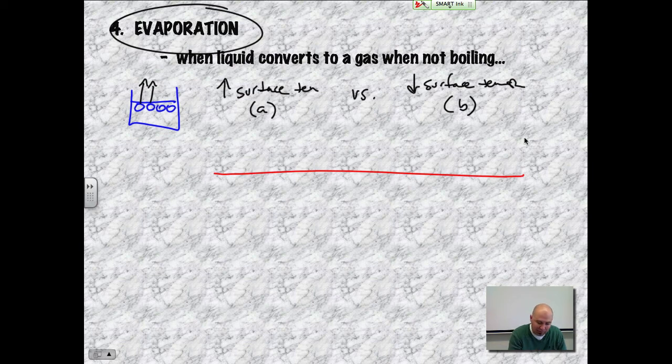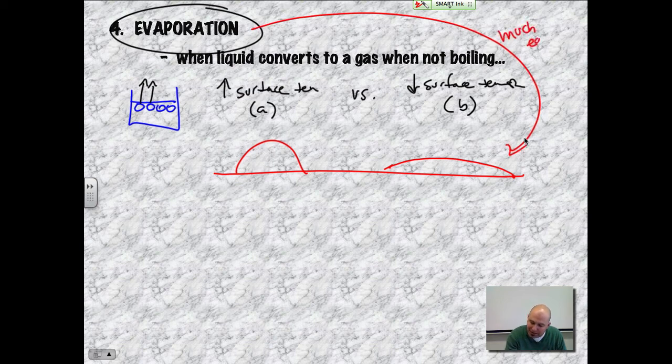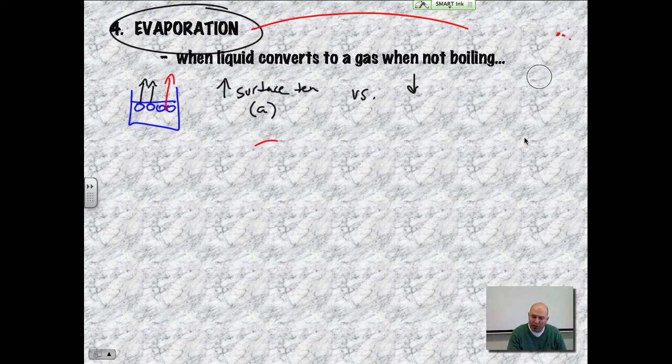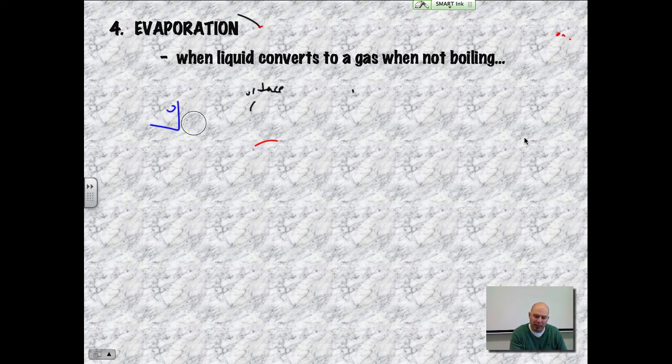If I put these on a desk, this would evaporate much easier because there are weaker intermolecular forces here. So the molecules would be able to move away from each other a lot easier, as opposed to something with a high surface tension. So that's evaporation.